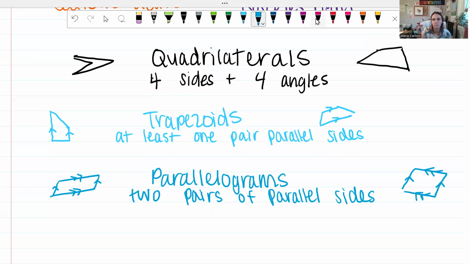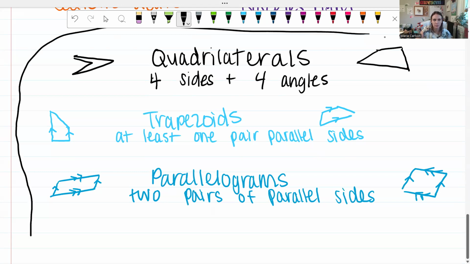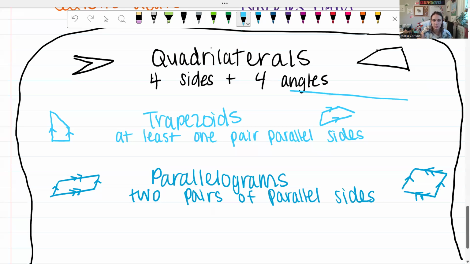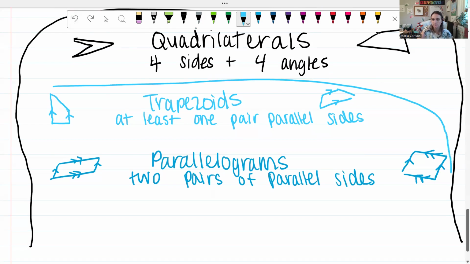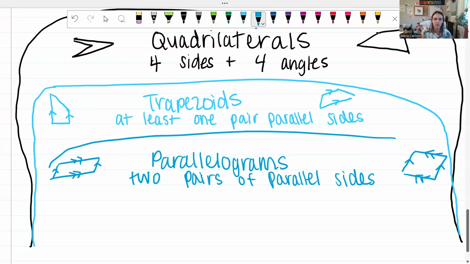Within the realm of parallelograms, okay, so I'm gonna kind of start grouping things. So quadrilaterals is all of it. So all of these are quadrilaterals. Then we have our trapezoids. So trapezoids fall within this umbrella. And then within the realm of trapezoids, we have our parallelograms.